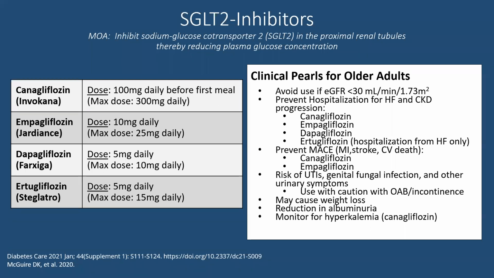Because they work by excreting glucose, as you can imagine, some of the side effects of these medications would be frequent UTIs, genital fungal infections, increased frequency in urination, some weight loss, which may or may not be a good thing, and hyperkalemia, primarily seen with the first drug on the market, Invokana, but because of its mechanism of action, it's potentially a class effect.